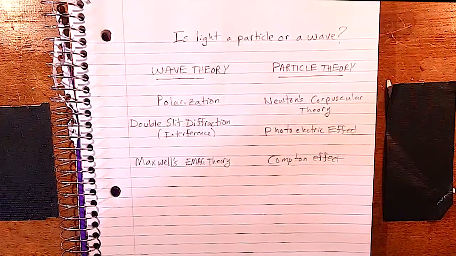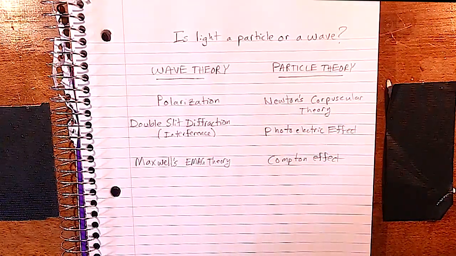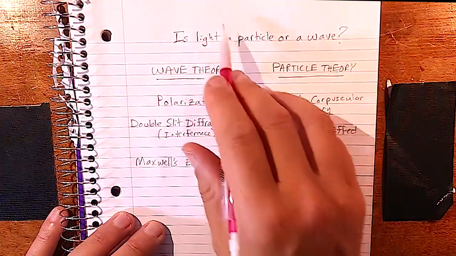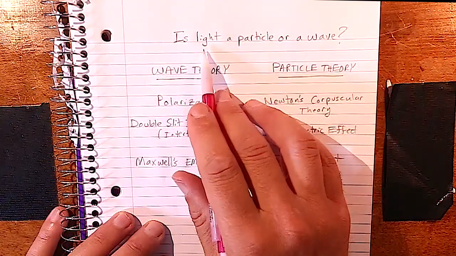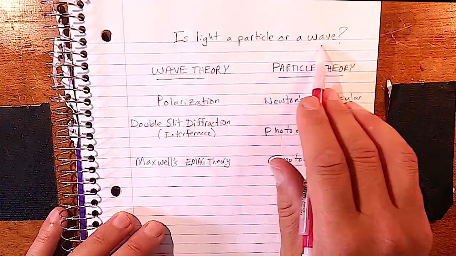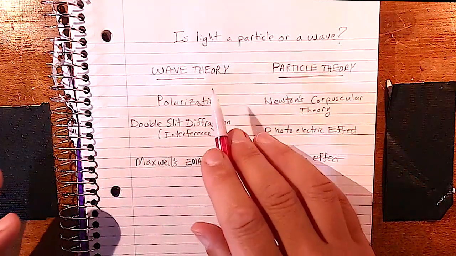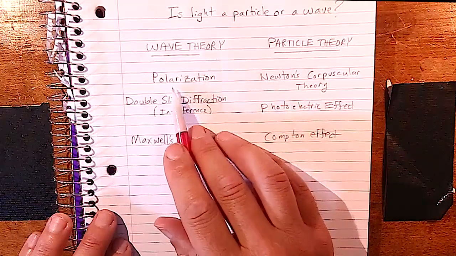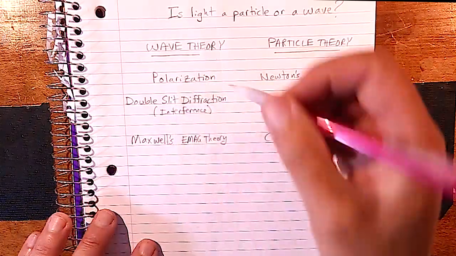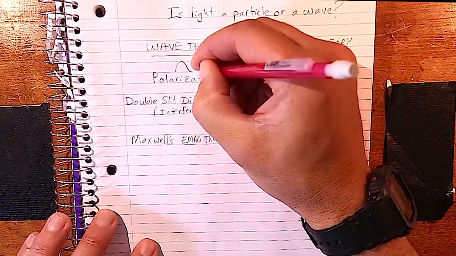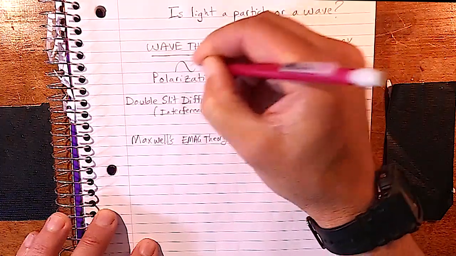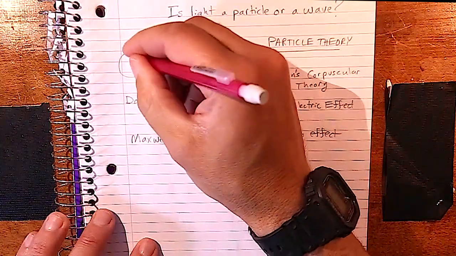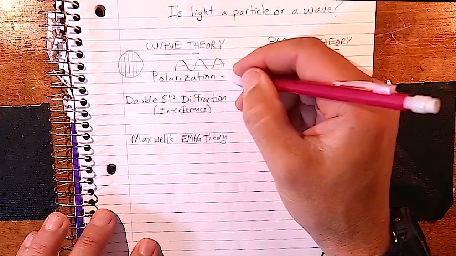So all of these experiments started to bring up a fundamental question, which is light, which remember we're talking about all electromagnetic waves. Is light a particle or is it a wave? Because we have a lot of experiments that show light acting as a wave. Remember polarization in the waves unit. Light acts as a wave, and we could filter out that wave. If light was a particle and we had a filter like this, it wouldn't get filtered out.